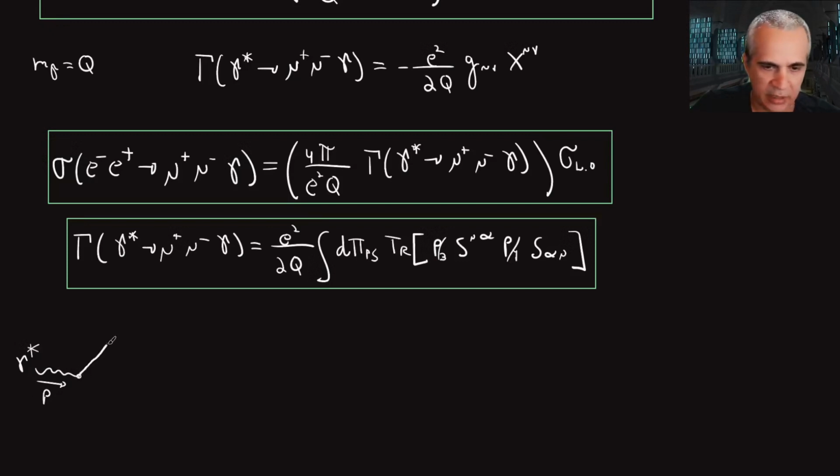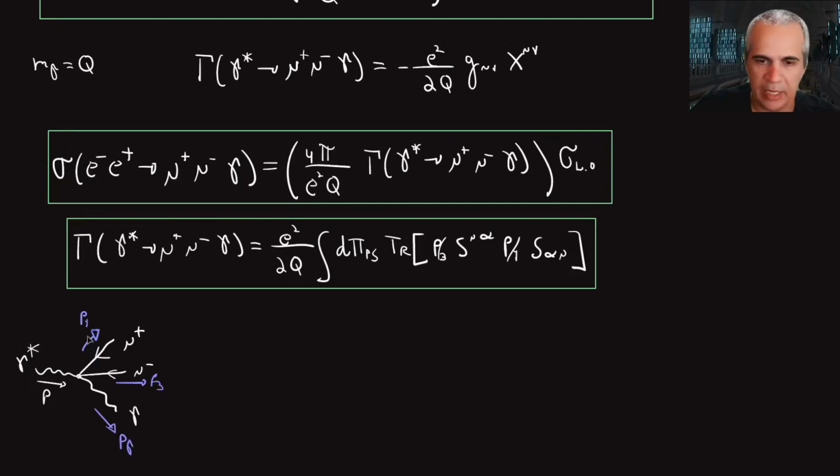It's decaying into a mu+, mu-, photon, with momenta P4, P3, and P gamma.